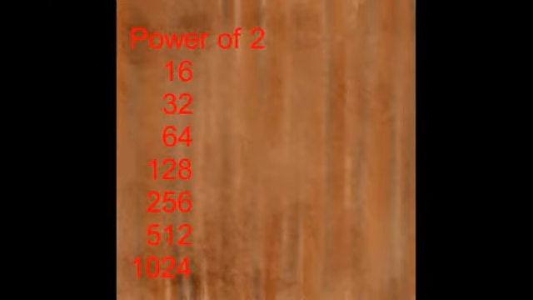A side of the image should be 2 to the power of something. That could be 16, 32, 64, or so on. The safest thing is to use a square, and BMP is a rather safe format to use.